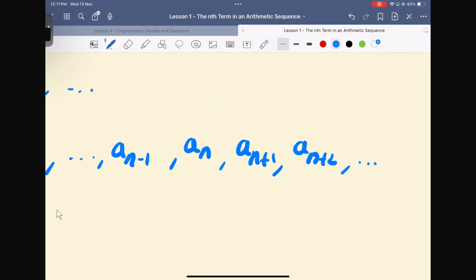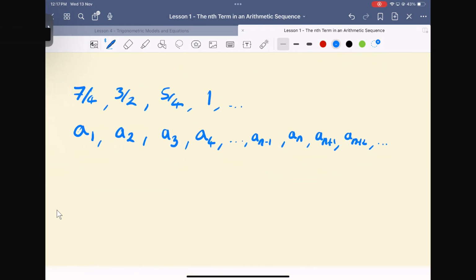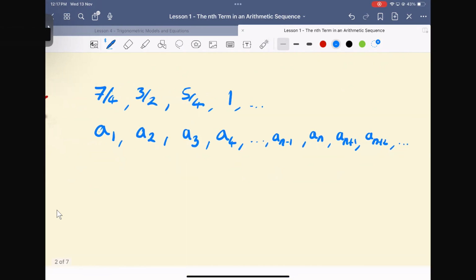This generalization is useful because when it comes to finding the common difference, d, we have a really useful formula. You take any term in the sequence and you subtract the previous term, an minus 1.